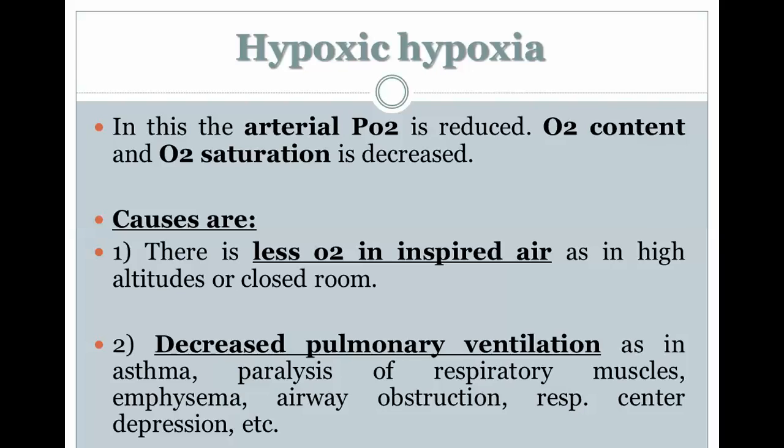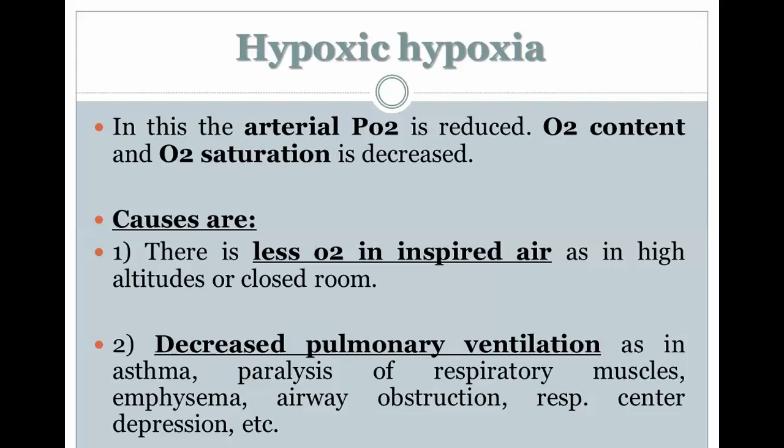Why less oxygen in the inspired air in high altitude? Yes, atmospheric pressure decreases, so the alveolar pressure of oxygen will be decreased. Once alveolar pressure decreases, the gradient will be decreased, so the amount of oxygen that passes into the blood will decrease, so it will get hypoxia.